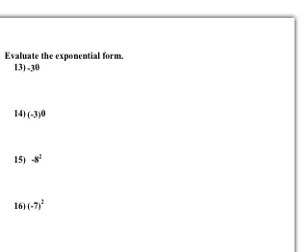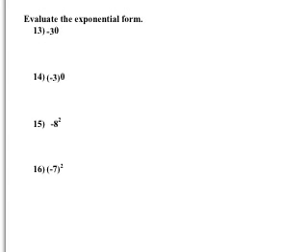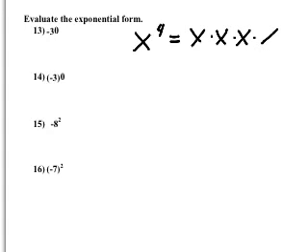Also, let's talk about negative and positive exponents. Let's say we had x to the 4th power. Well, x is the base, 4 is how many times, right? So we've got x times x times x times x.